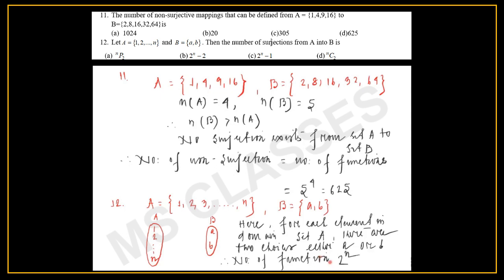Now, out of these, there are only two into functions. Why? When all the elements are mapped to a or all the elements are mapped to b. Write it down.